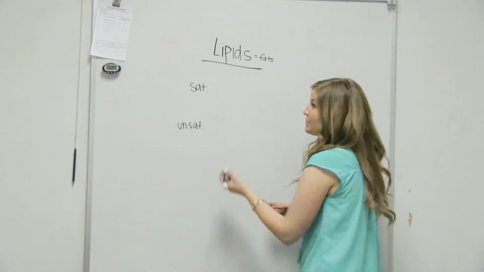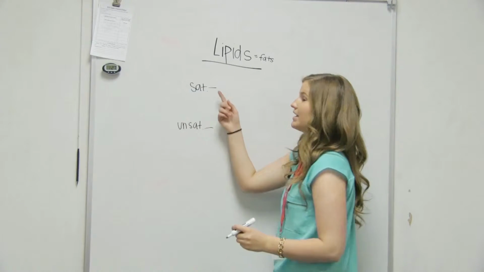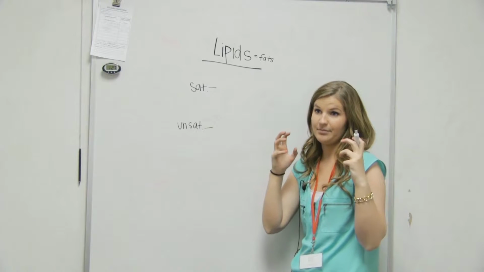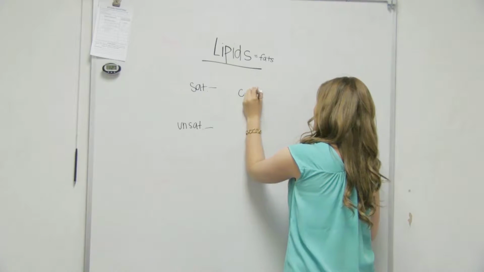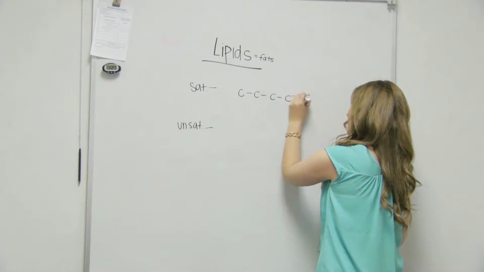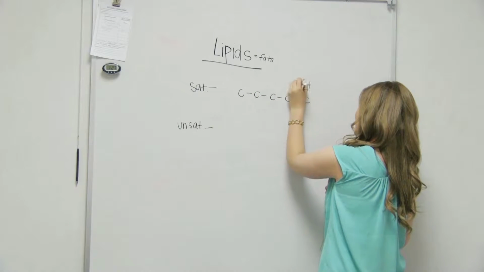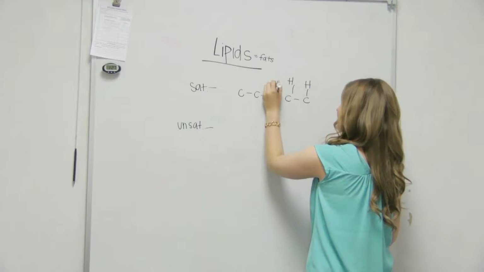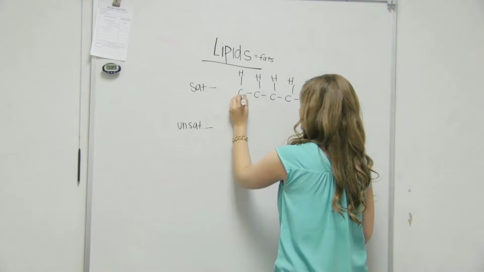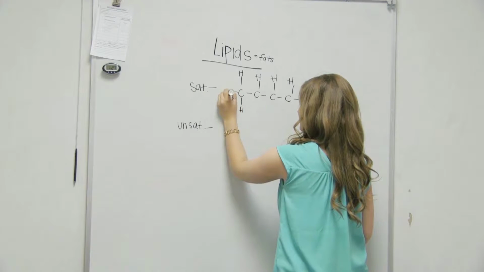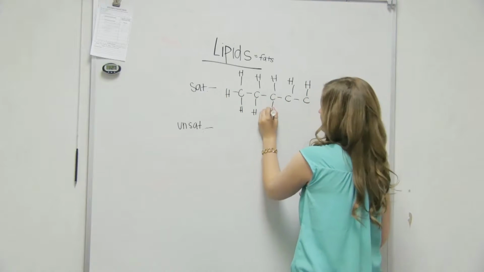Yeah, so that's the key with saturated. Think of it as saturated with hydrogen. When we draw it, we would draw it just like this. Every single carbon has a hydrogen. Completely saturated.